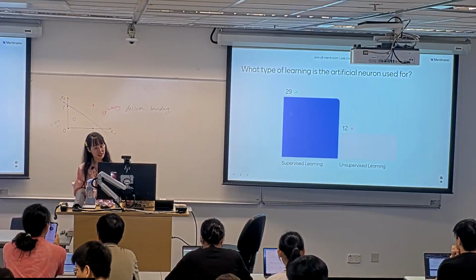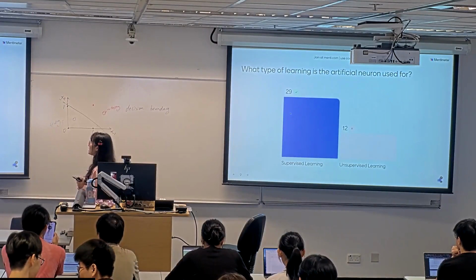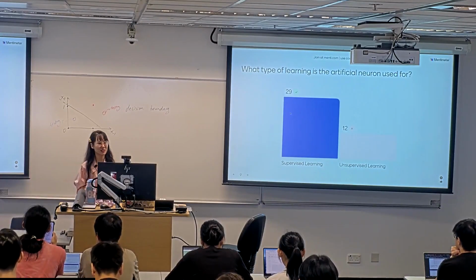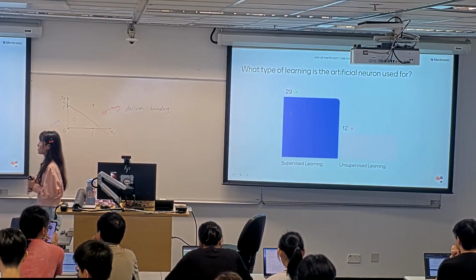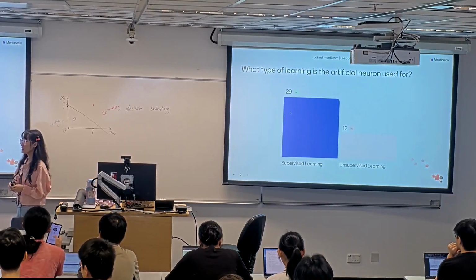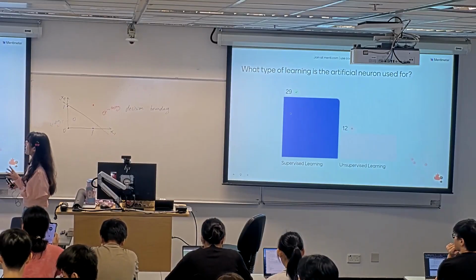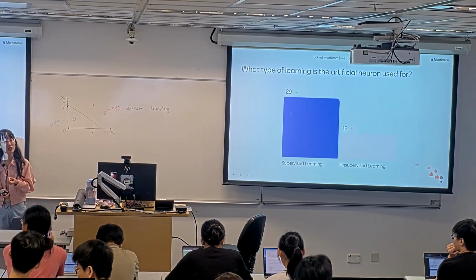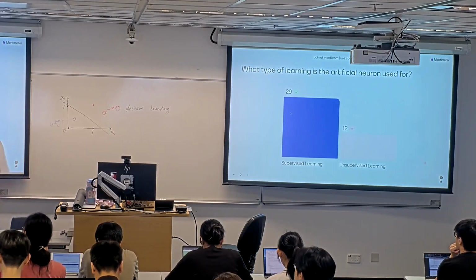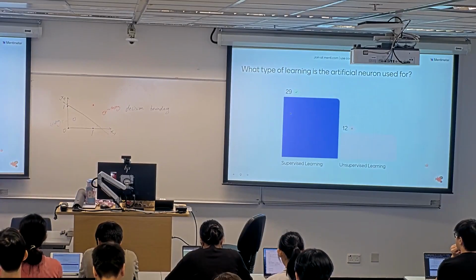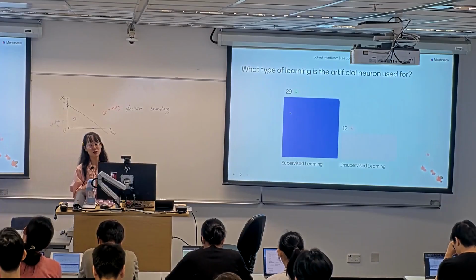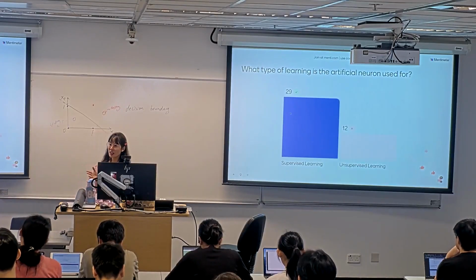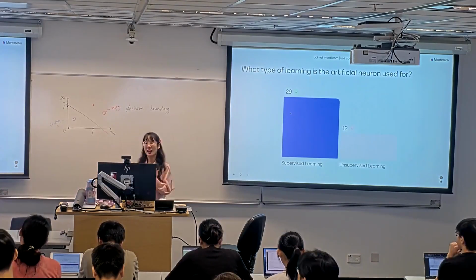Okay, supervised learning. When we learn the artificial neuron, we use classification as an example, right? Classification, of course, belongs to supervised learning. And actually, the artificial neuron can also be used to do regression. But anyway, they all belong to supervised learning. We must have the labels to guide the perceptron to update all the parameters. If you don't have the labels, that's the target big T, right?